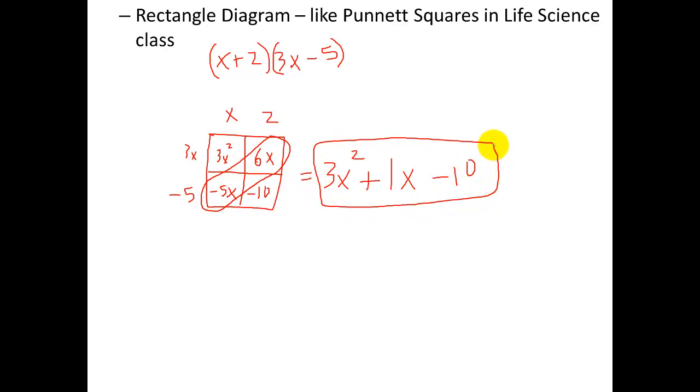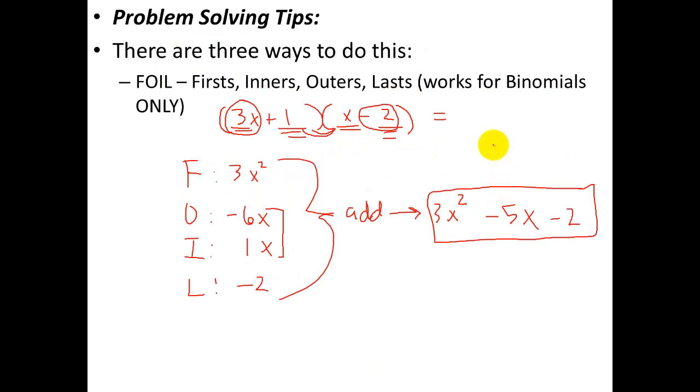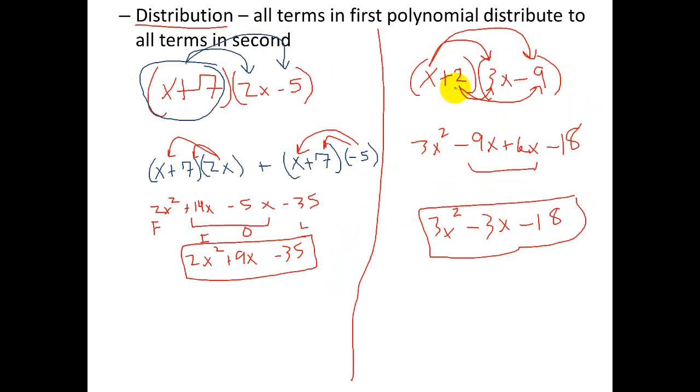Now if you think about the three methods, you might have in your mind a preference of which one works better. Let me go back to the first method here. Remember that FOIL only works, F-O-I-L, if you're doing binomials. This method, distribution, even if this one had 3 terms and this one had 4 terms, you could still distribute every single possible thing here to everything possible here, and you would get a lot of terms in your answer, but the method works for any size polynomials.